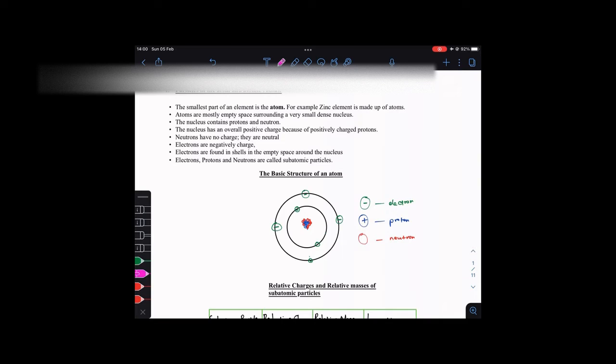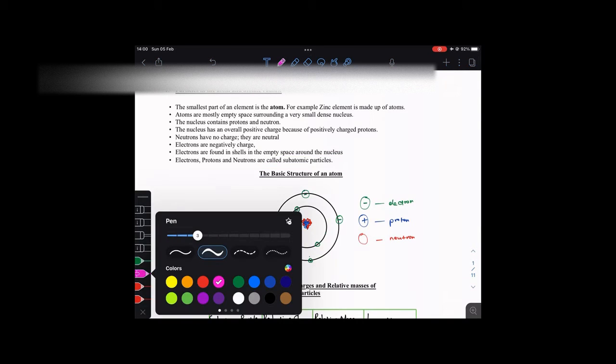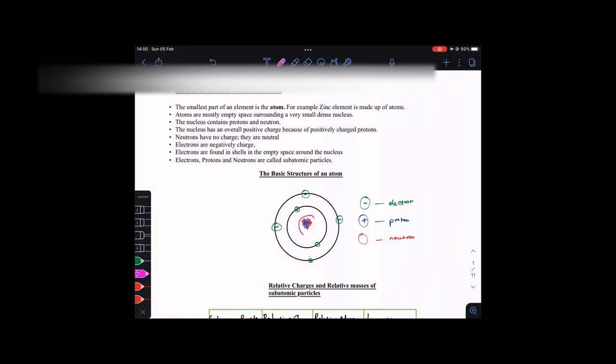So here, this is the diagram of an atom, right? On this diagram, I have this nucleus, the inside thing, the dense part of an atom is called a nucleus, and then outside that nucleus, we have the shells where electrons are.